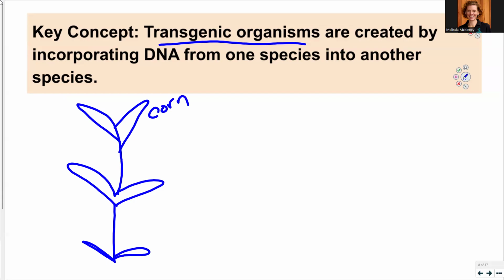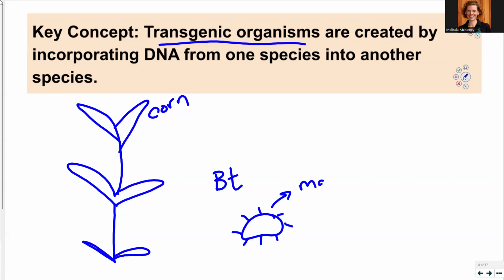It's heavily modified. There's tons of different genes that have been added to different varieties of corn, and a lot of them are bacterial. So, for example, there's one called BT, and it's from a bacteria, Bacillus thuringiensis. It's a bacteria that is a single-celled organism, and it creates a toxic compound.